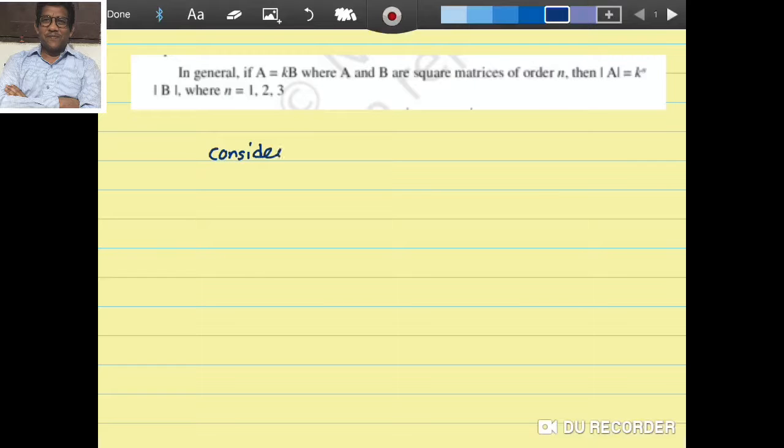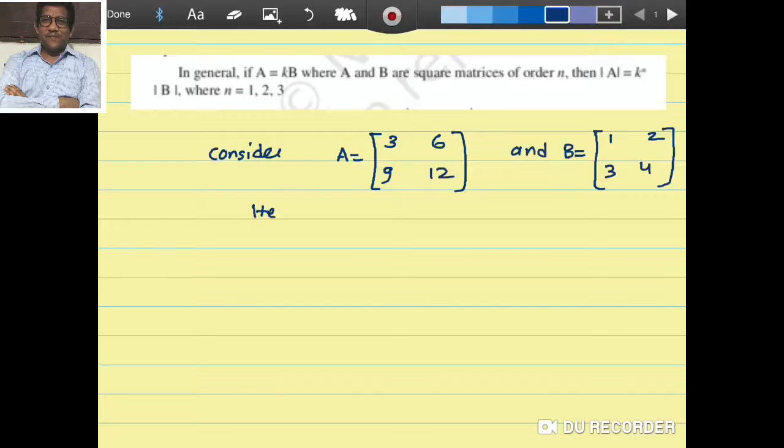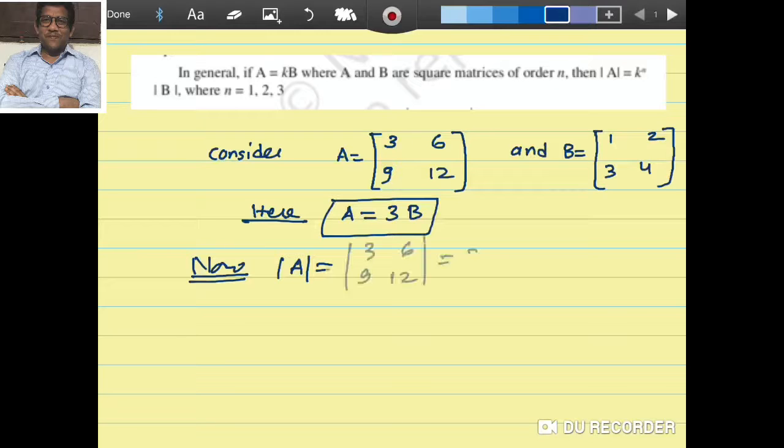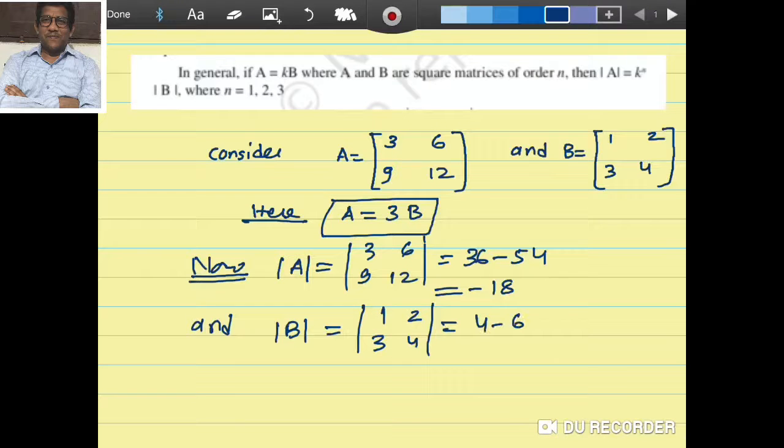Consider matrix A and matrix B. Here matrix A is equal to 3 into B. Now determinant A is equal to minus 18 and determinant B is equal to minus 2.